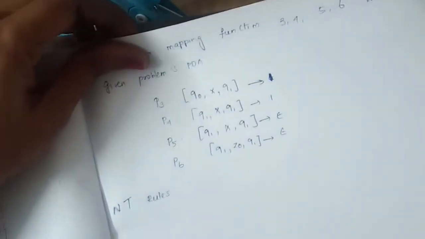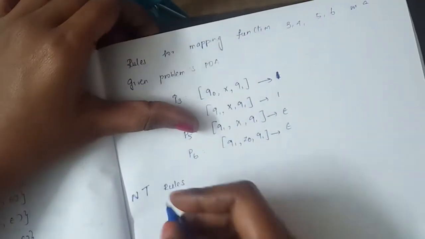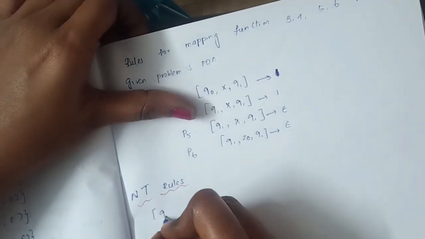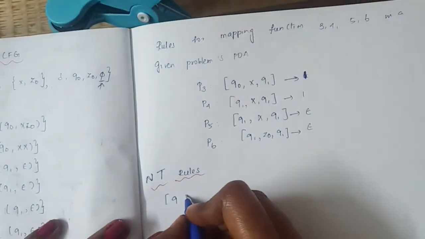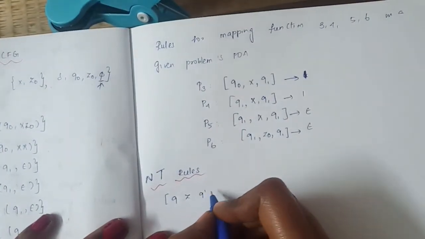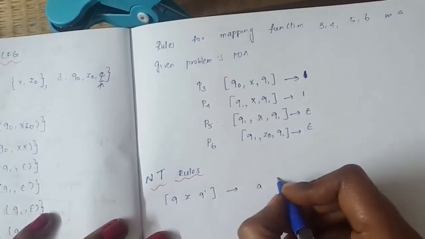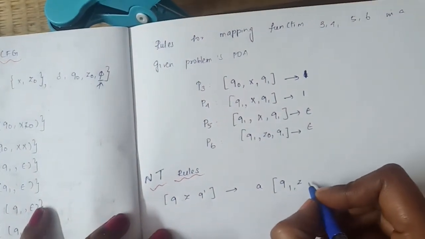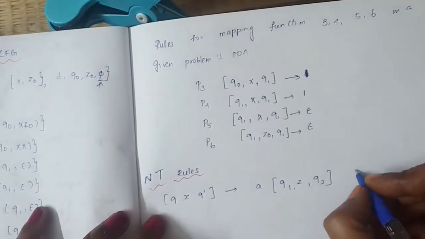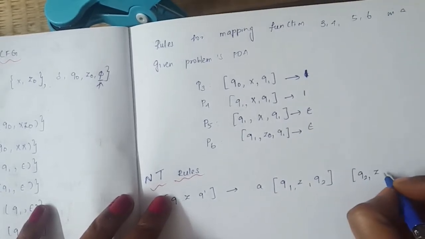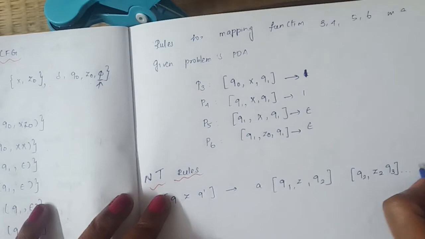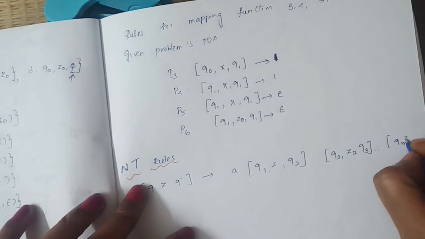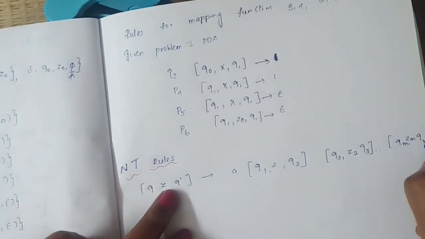So when we see this non-terminal, we'll have the formula for this: Q A Q dash tends to A times Q1, Q1 goes to Q2, Q2 goes to Q3, etc., Qm goes to Q dash.